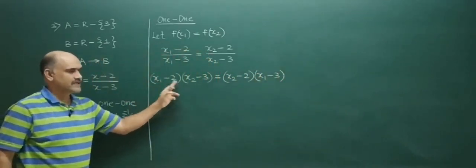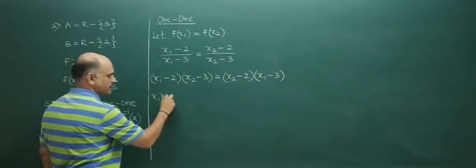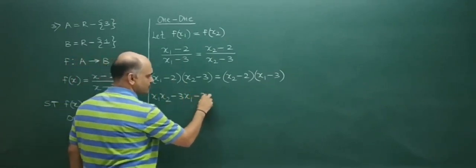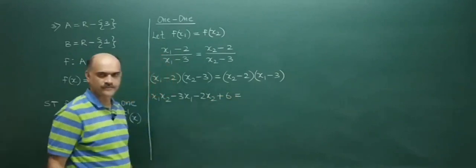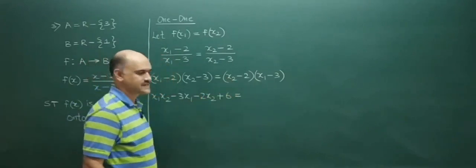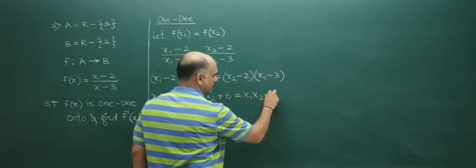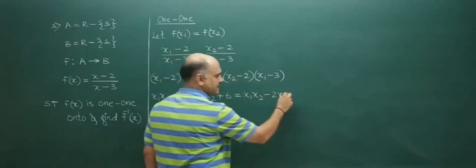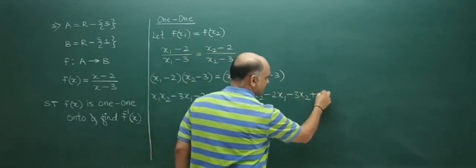Now simplify these two brackets. x1 x2 minus 3x1 minus 2x2 plus 6 is equal to, similarly on the RHS if I multiply, x1 x2 minus 2x1 minus 3x2 minus 2 into minus 3, plus 6.